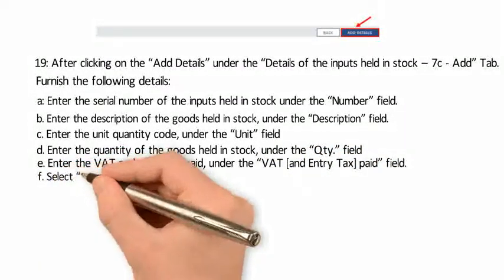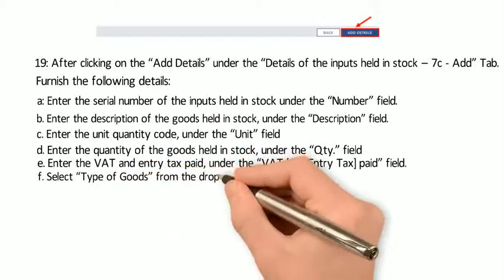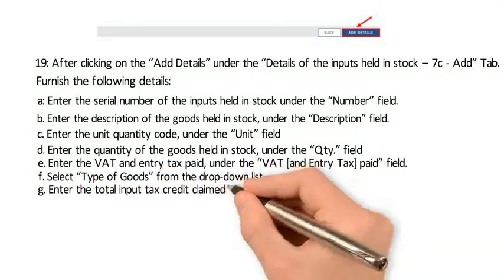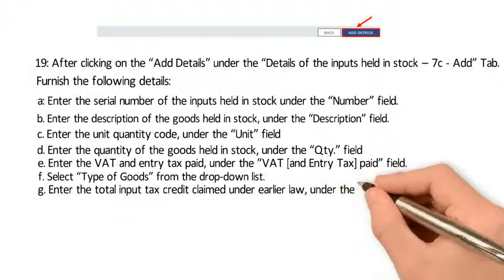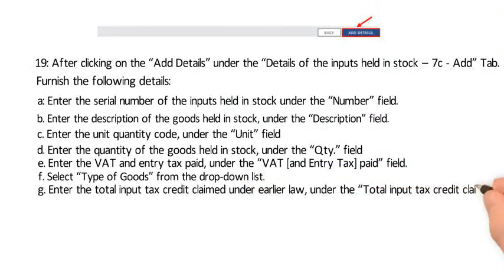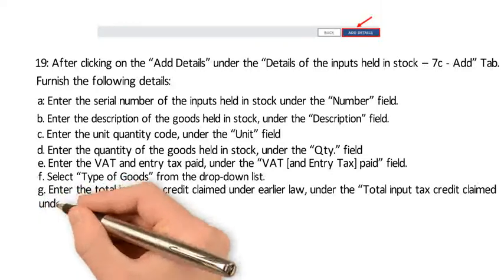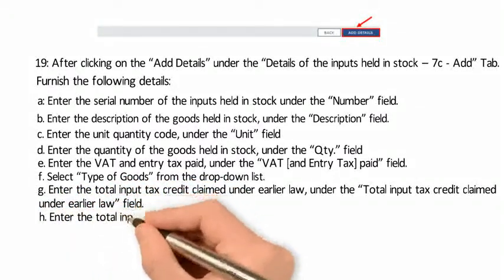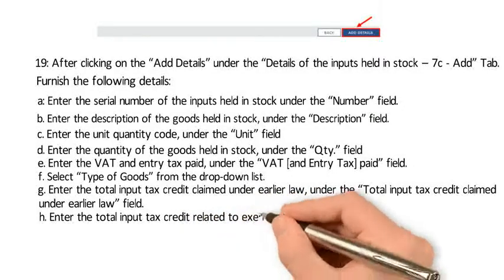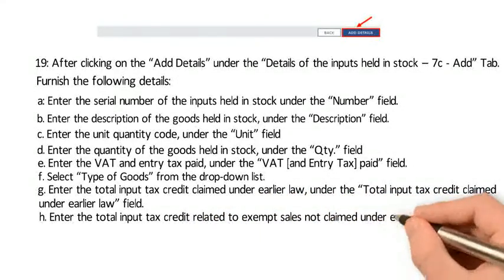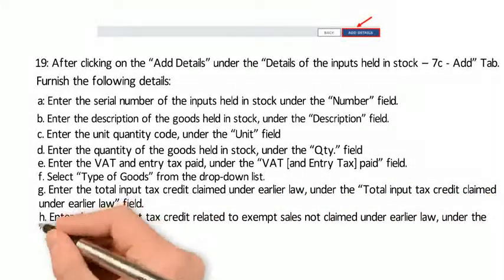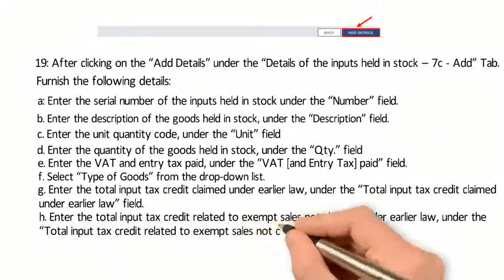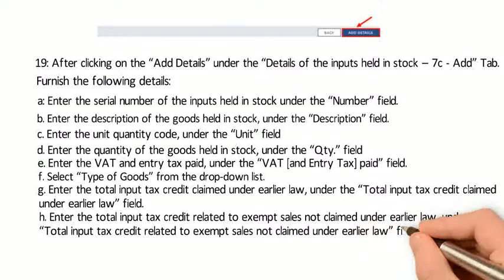F. Select type of goods from the drop-down list. G. Enter the total input tax credit claimed under earlier law under the total input tax credit claimed under earlier law field. H. Enter the total input tax credit related to exempt sales not claimed under earlier law under the total input tax credit related to exempt sales not claimed under earlier law field.